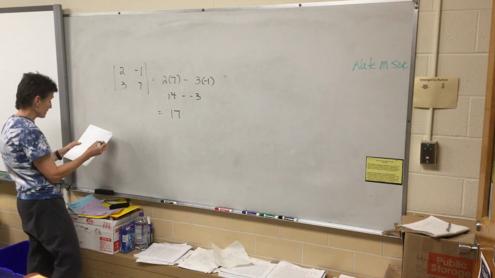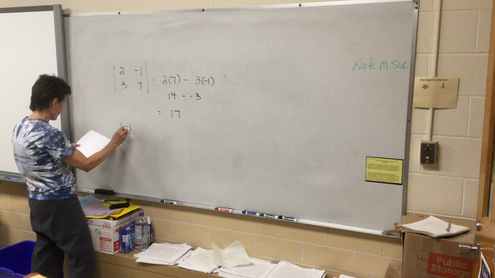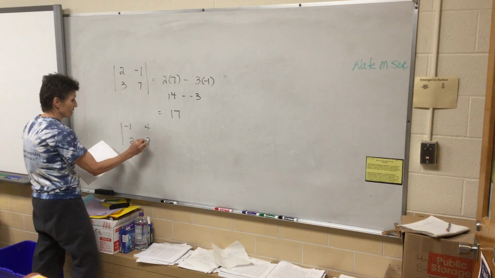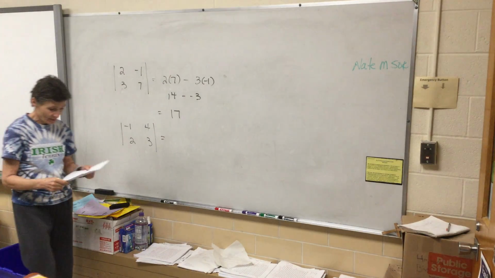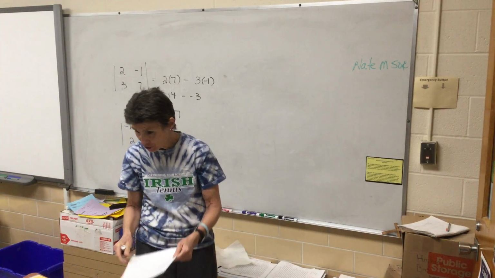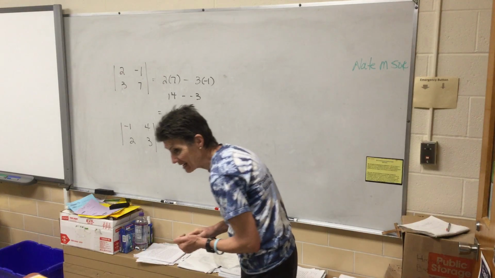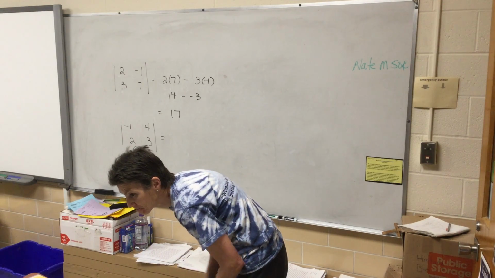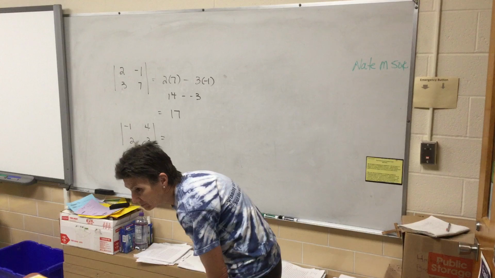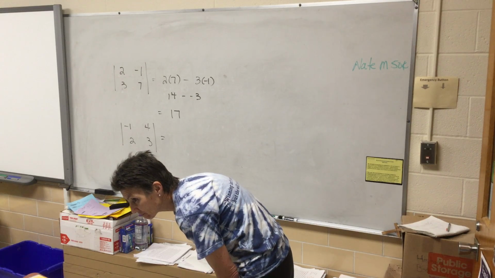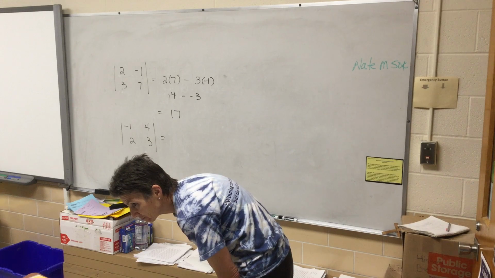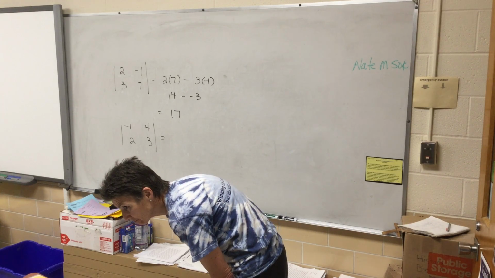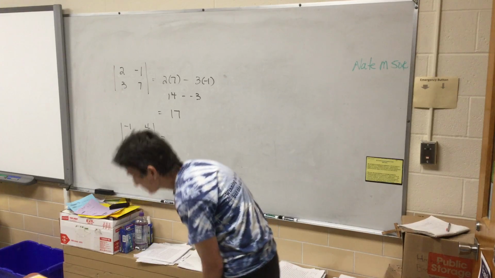All right, so now the next one is exactly the same kind of problem. Can you do this one? Do it exactly the same way. Anybody want to venture a guess? What do you think the answer is to this? Is it 5?